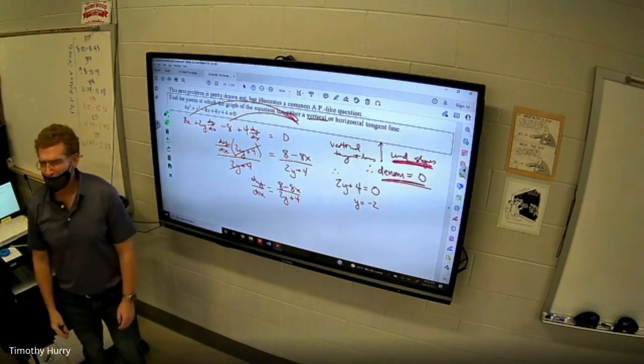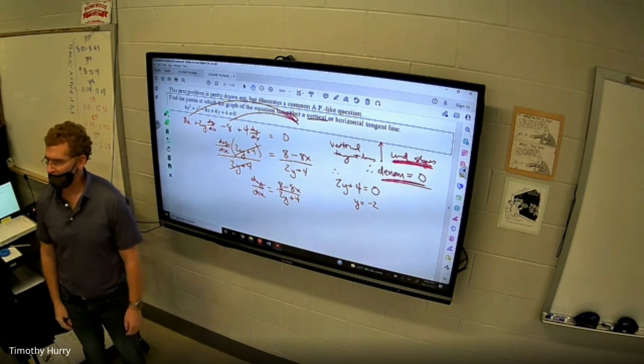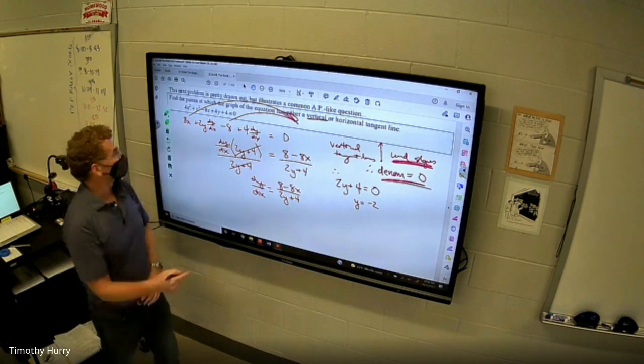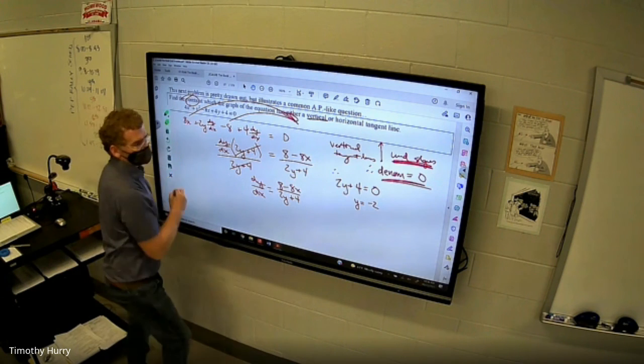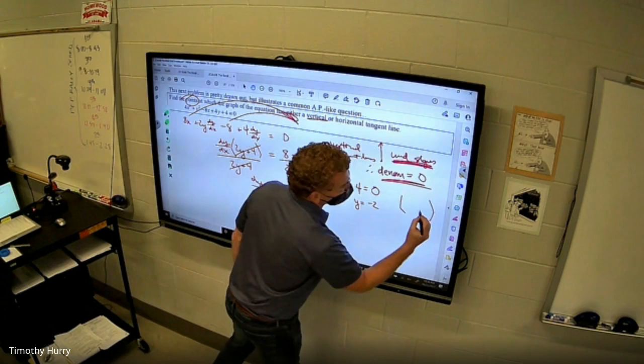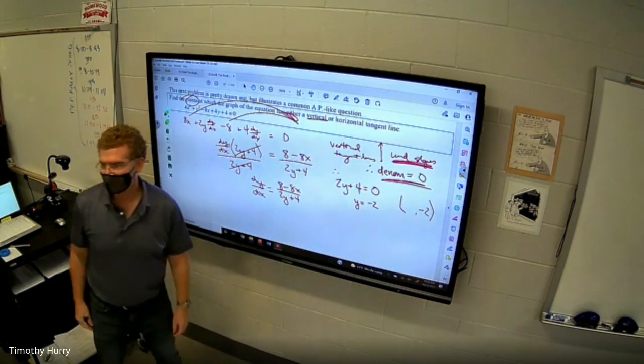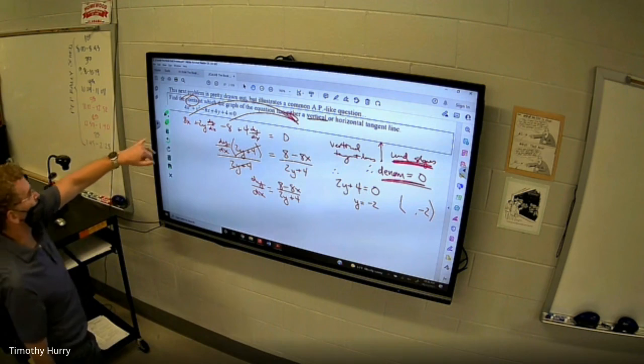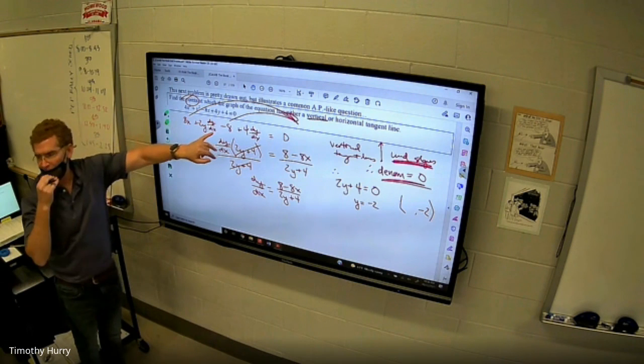Now, is y equals -2 a point? But I'm halfway there, actually way more than halfway there. If I want to find the points, my points have a y coordinate of -2. How could I take this y coordinate of -2 and find which x went with it? Plug it back into the original. As bad as that looks, just do it.